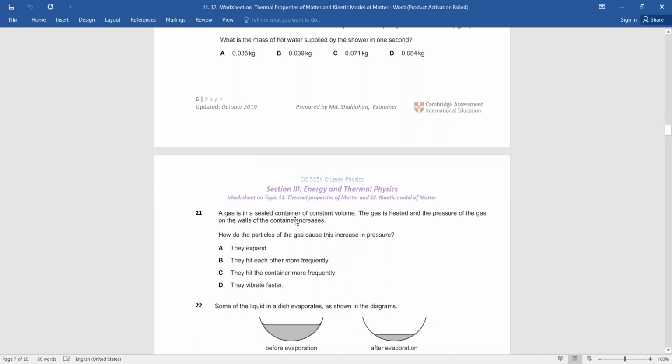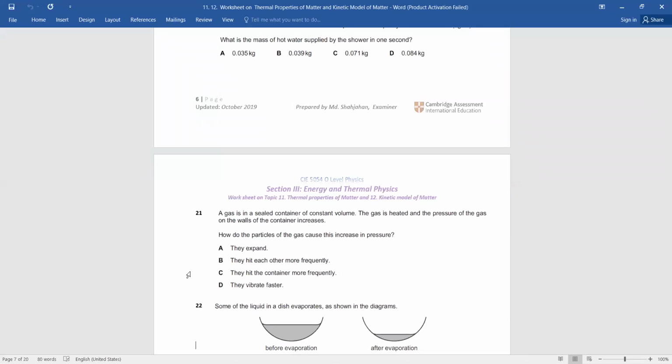Okay. So why is it? Can you explain, anyone? Sir, because it is gaining more kinetic energy. And because the container is sealed, the gas particles cannot move out.